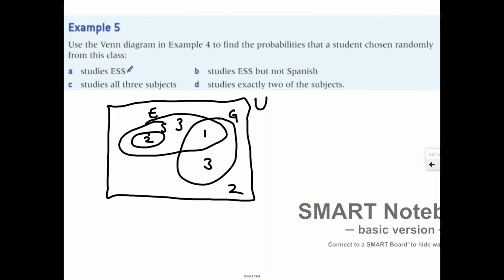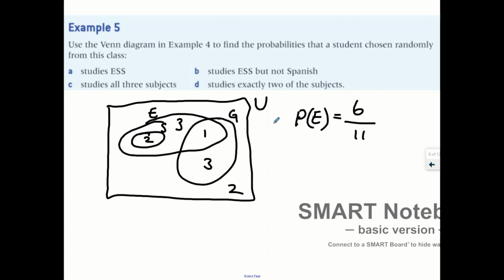So the probability that someone chosen at random studies ESS is the probability that they're in E. Well, we have 3, 4, 5, 6 people in E. And there are a total of 11. So 6 out of 11.